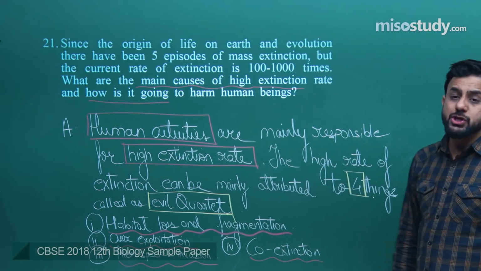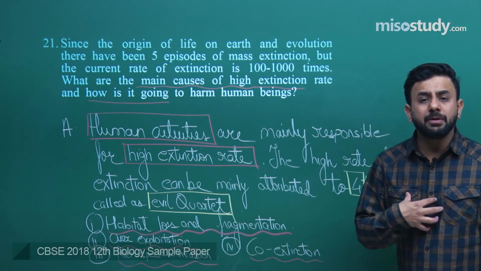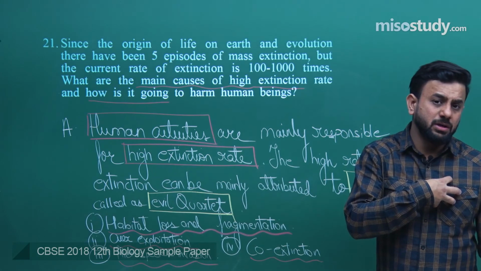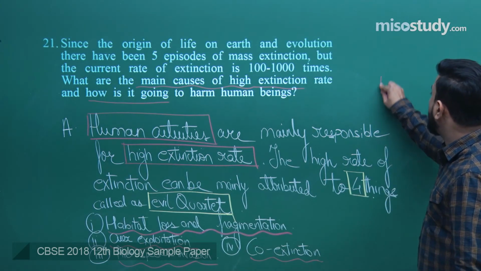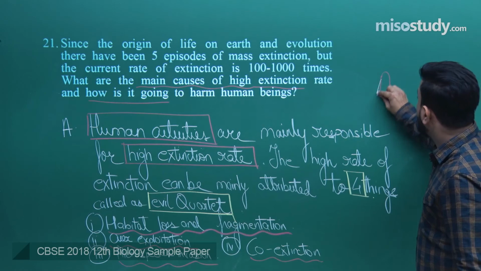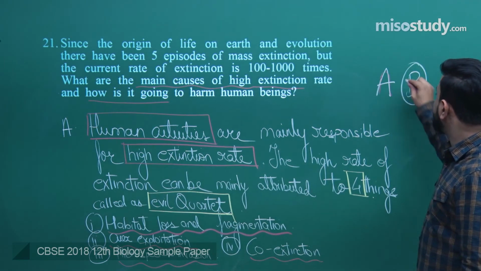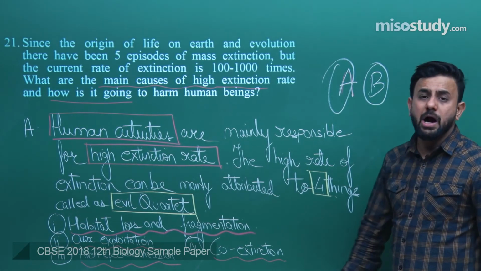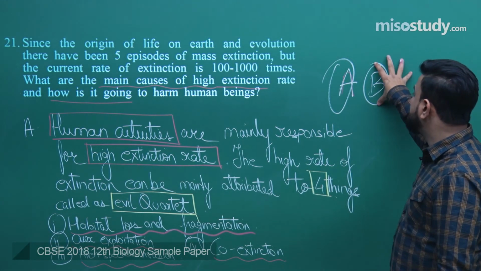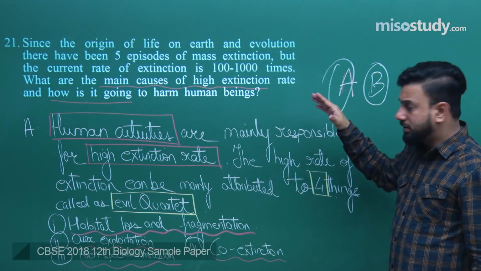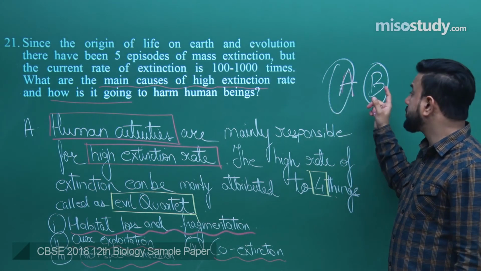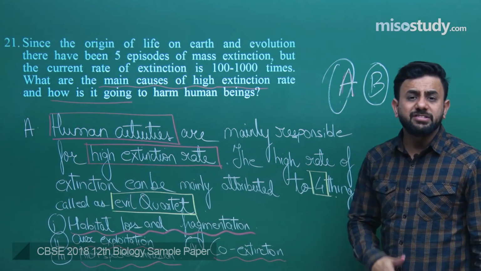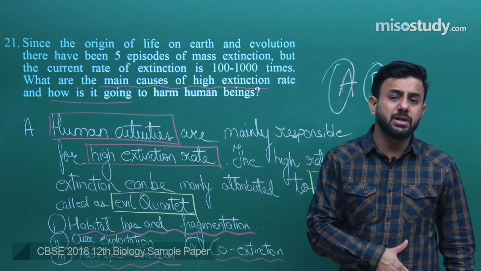The fourth one, co-extinction. For example, if A is a parasite, say A is a plant or a parasite, and B is a cow or an animal, and A is a parasite on the animal, then if B, which is an animal, dies, the organism A will also die, because it was a parasite on B. Say for example, we talked about Entamoeba histolytica, which lives in the large intestine.